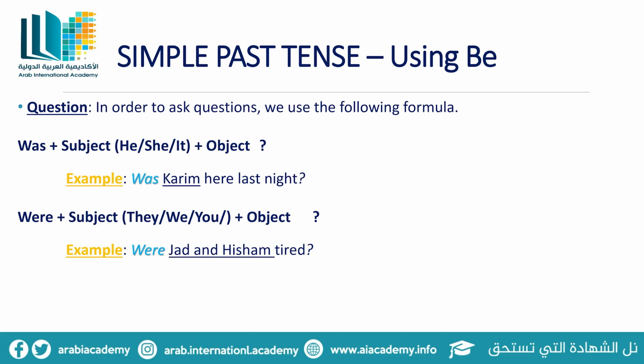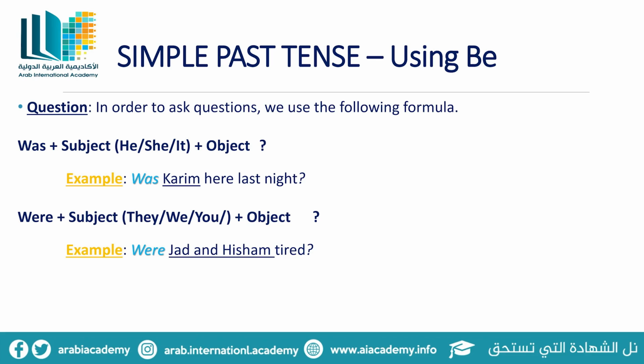So the example will be, was Kareem here last night? Was is the verb to be in the past tense, followed by the subject, which is Kareem, and Kareem refers to the pronoun he. Then the object, and this action happened in the past, last night.